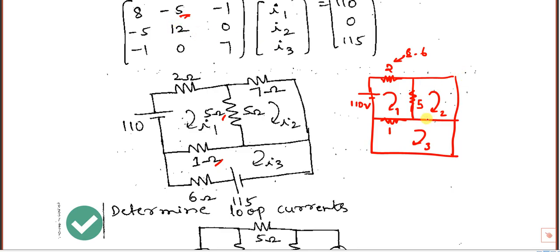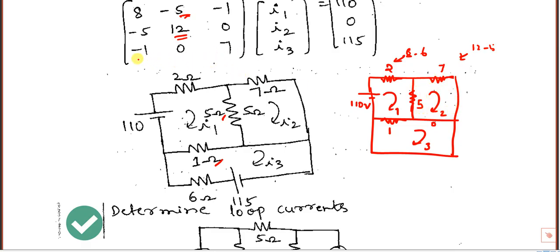Common to 2 and 3 is 0. This is a short circuit, meaning 0 resistance. So you have to write 5 here. The remaining is 12 now. The sum of resistance in mesh 2 is 12. So 5 plus 7 is 12. How is it 7? From 12 you subtract 5. Okay, 12 minus 5 is 7. And no voltage source here.